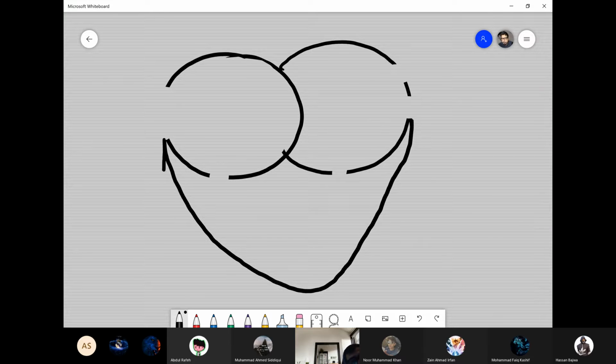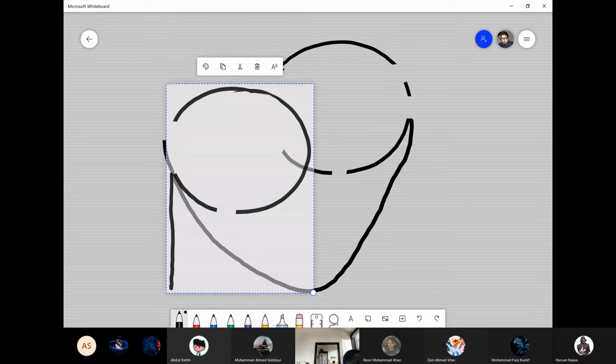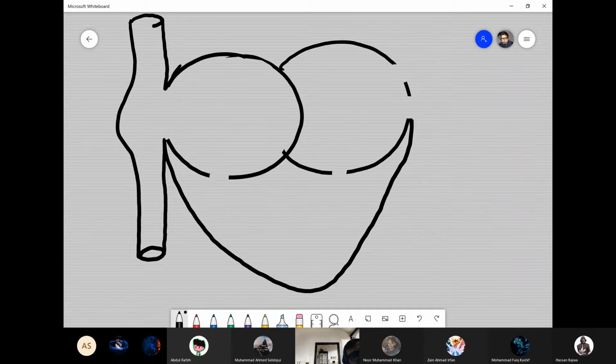That we draw a line down from here and one line coming down from here, like this. Then a second line parallel to the first one, and then we draw this blood vessel like this.